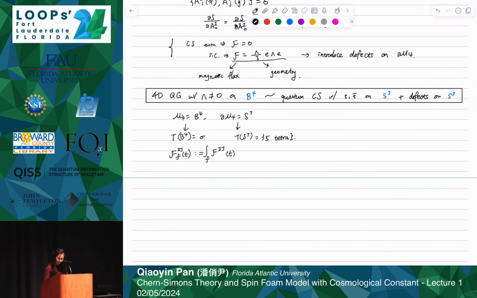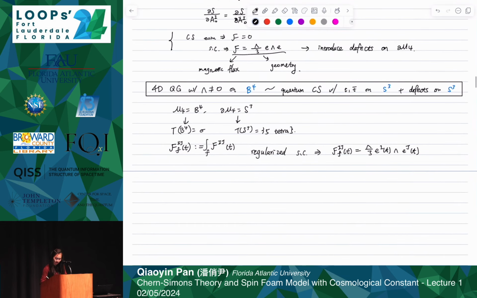And then, as in the EPRL case, we can also write the regularized simplicity constraint to be the discretized curvature equals lambda over 3 times E_I of t, E_J of t. And again, this is the tetrad on the local patch covering a tetrahedron.